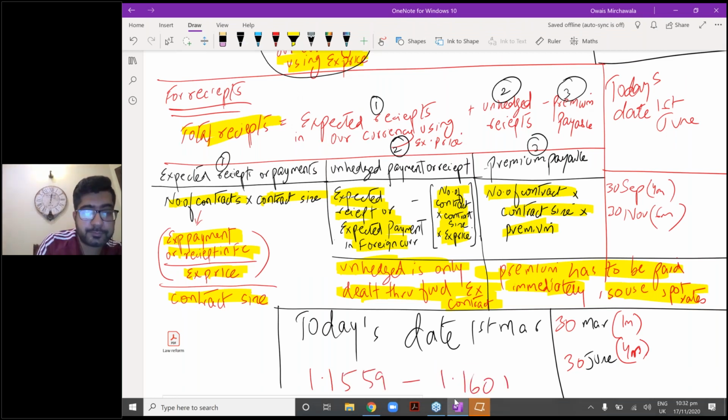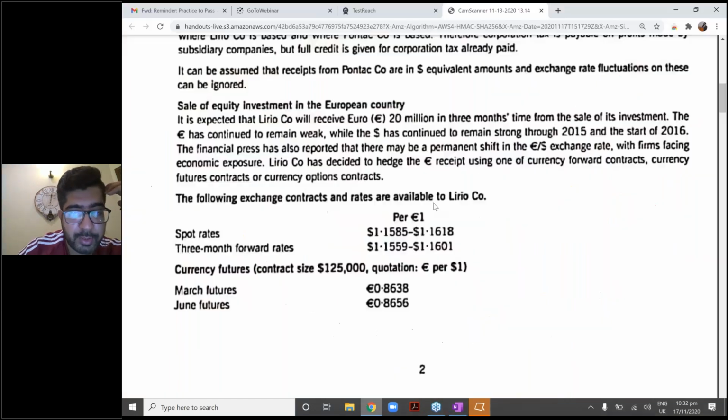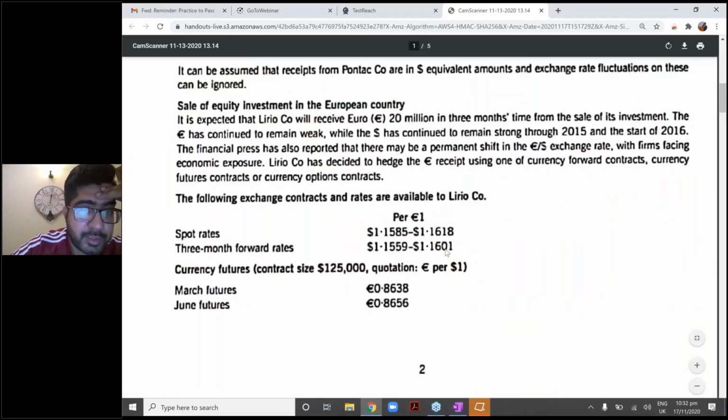Correct? I told you there are 3 steps of forward exchange contract. The first step, only 3-month rates are relevant, right? 1.1559, 1.160. Okay. Second step, the quote.